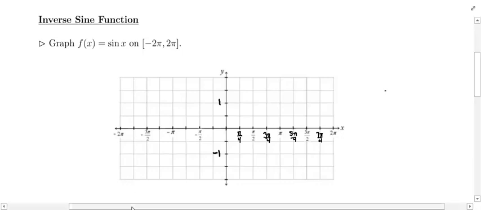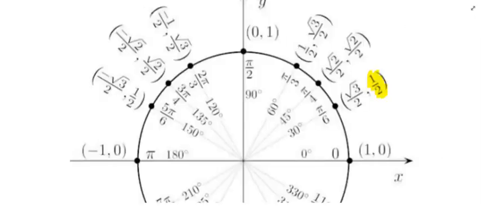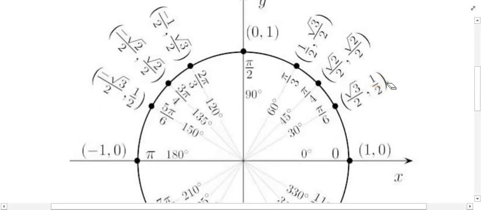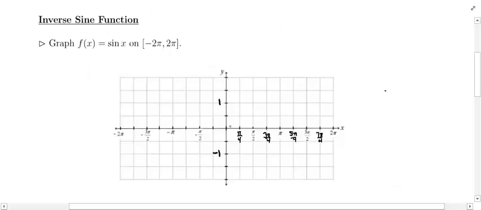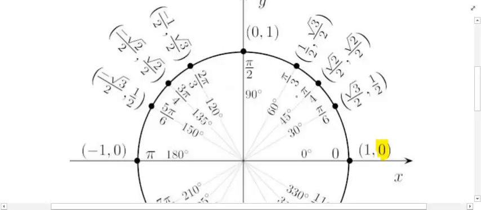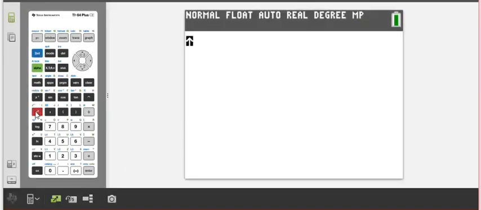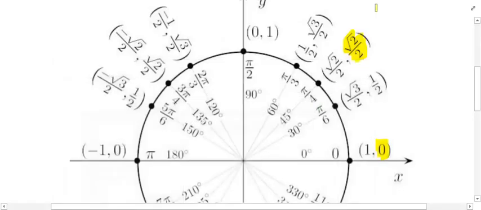So what I'm going to do here is I'm going to go to my unit circle. I'm going to start with an angle of 0 radians. So the sine of 0 is 0. I'm going to go ahead and plot that point. And then the sine of pi over 4 is going to be the square root of 2 over 2. If you put that in the calculator, because you're going to need a decimal approximation, this is going to be 0.707.